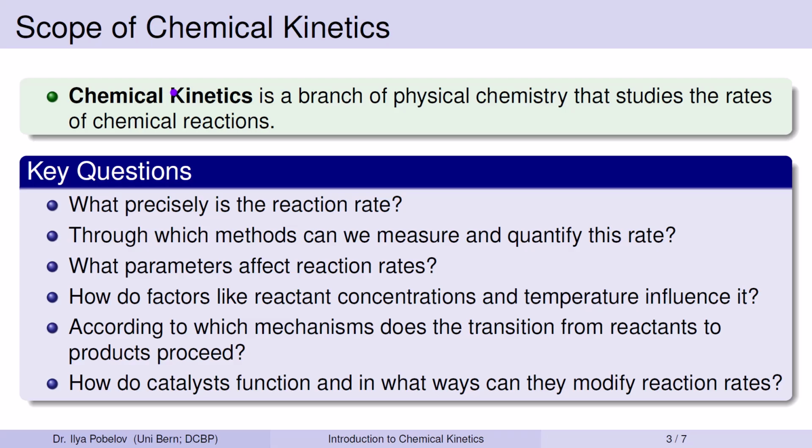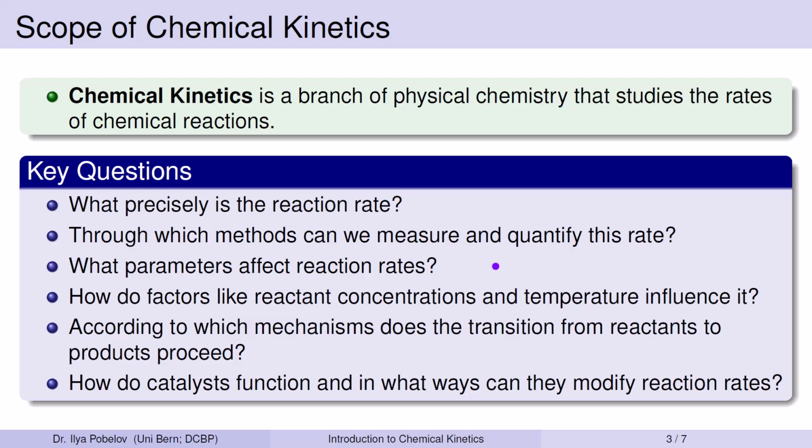The central concept of chemical kinetics is that by monitoring the rate of a chemical reaction and determining the dependence of this rate on system parameters such as temperature, concentration, and pressure, we can gain insight into the mechanism of the reaction.